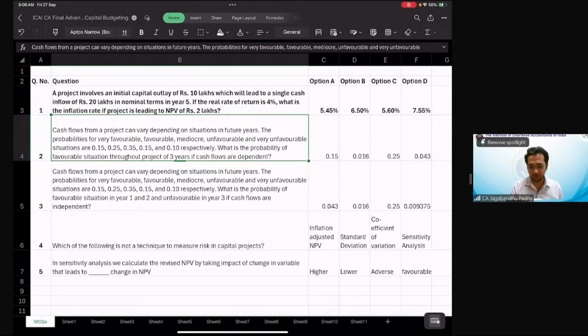Let me see how many of you can really answer this. Question number 1, guys. 2 minutes time for you. Let me see, it's 806. At 808, I think we should be able to get the answer. Let me see how many of you can do it.